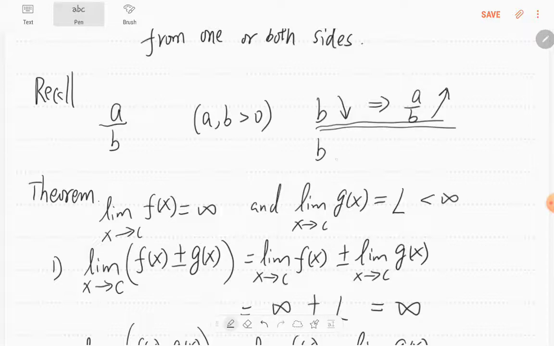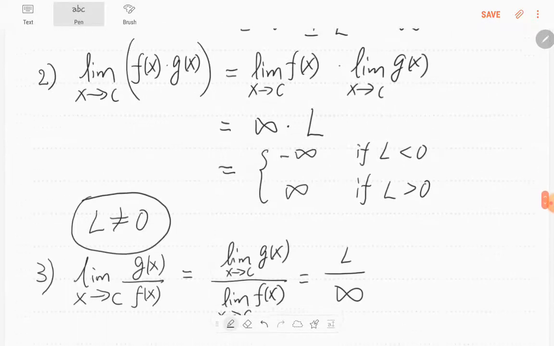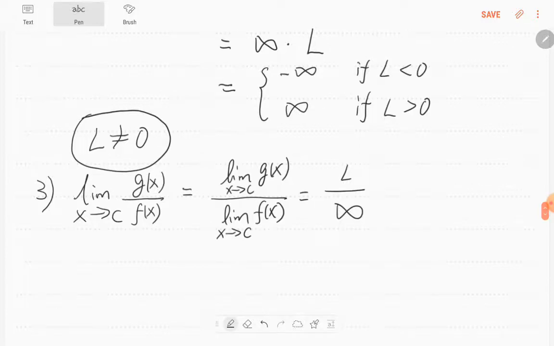If b is increasing, then a over b would be decreasing. This is for a, b positive numbers. Here it doesn't matter whether L is positive or negative, because the denominator is a very large number.